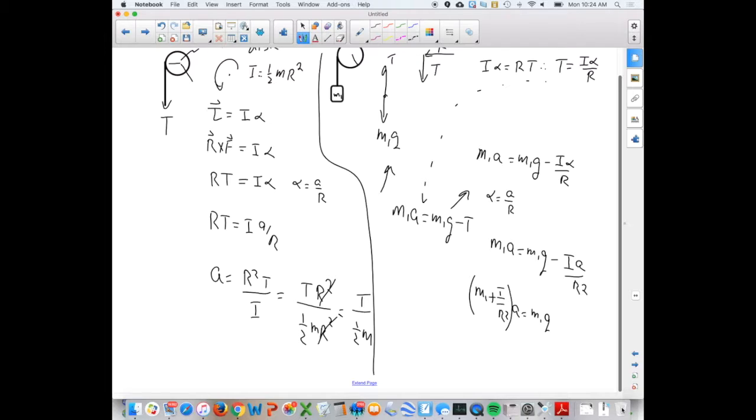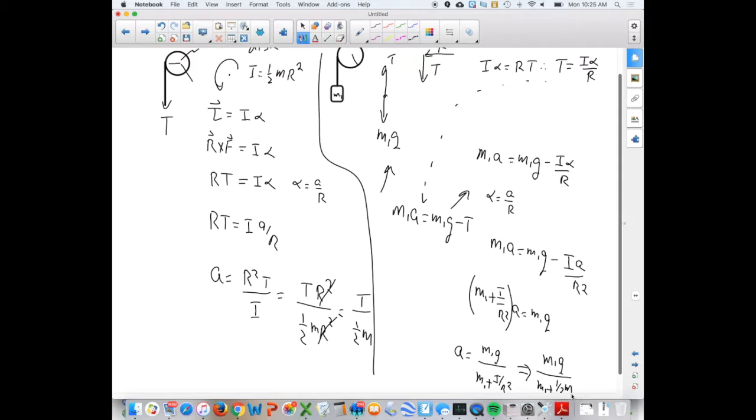And then the acceleration now is M1G over M1 plus I over R squared. And if we substitute in I for a pulley, this just looks like M1G over M1 plus 1/2 the mass of the pulley.